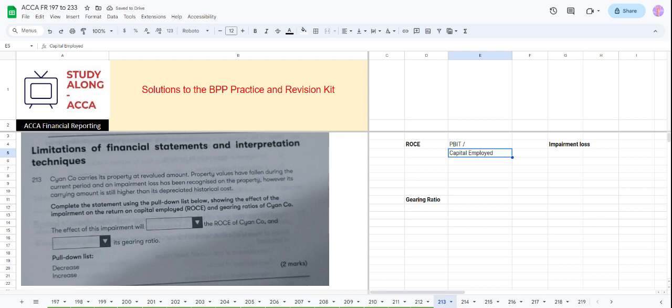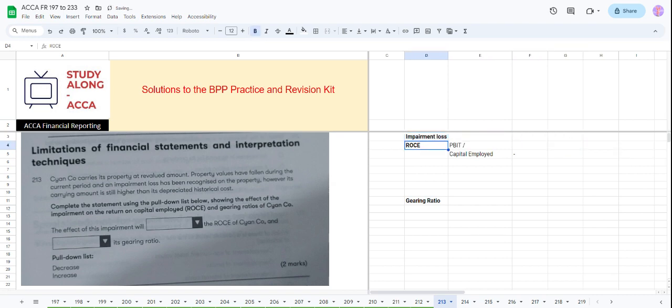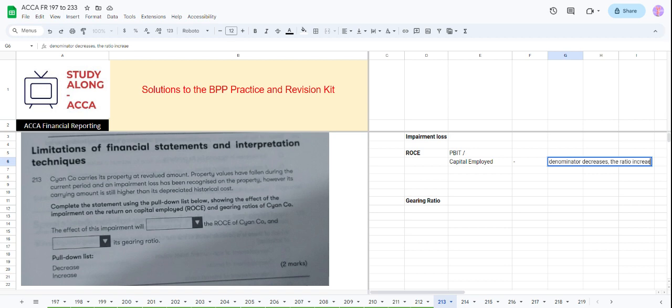So, capital employed will decrease because of the impairment loss, right? Capital employed is the denominator, so if the denominator decreases, the ratio increases.